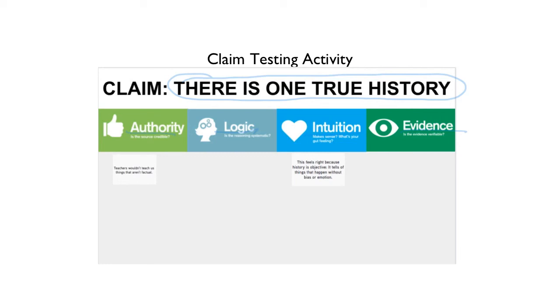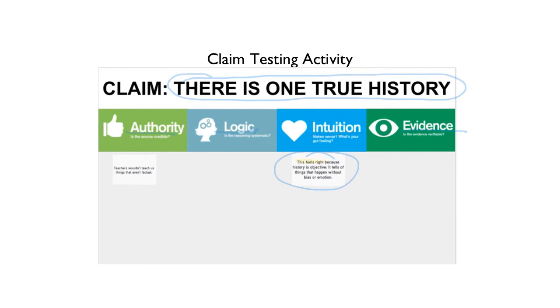So the first one we're going to look at is this one right here. It says, "This feels right that there is one true history. This feels right because history is objective. It tells of things that happen without bias or emotion." Now, what gave it away for me is this "feels right" sentence right here.